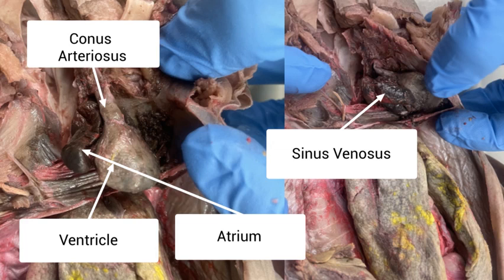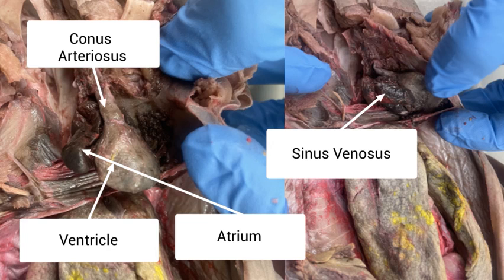In the shark, oxygen poor blood flows into the sinus venosus, and then that blood is pumped through the sinoatrial valve into the atrium, which is a pouch-like chamber. From the atrium, the blood is then pumped through the atrioventricular valve into the ventricle. Notice how I keep saying valves. Valves prevent backflow.